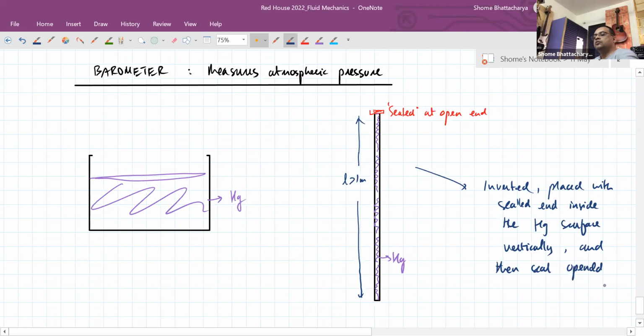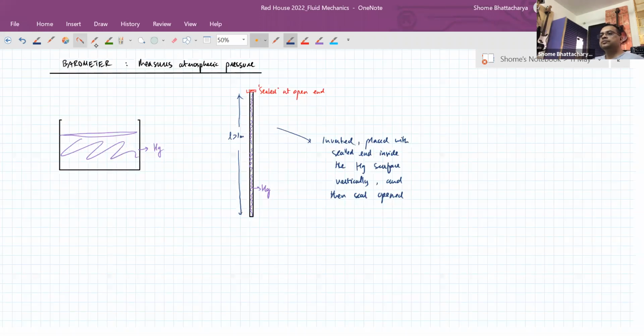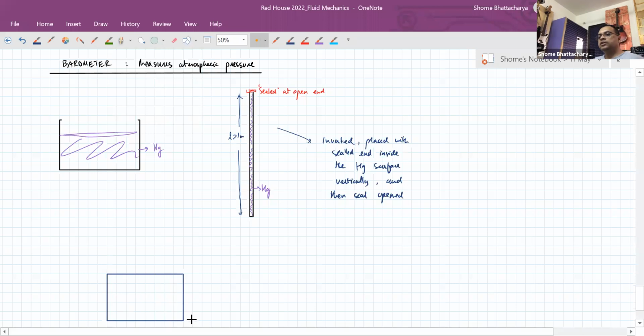So with the seal closed, we invert this, dip it into this open container with mercury, and once it is dipped inside, we can open the seal.